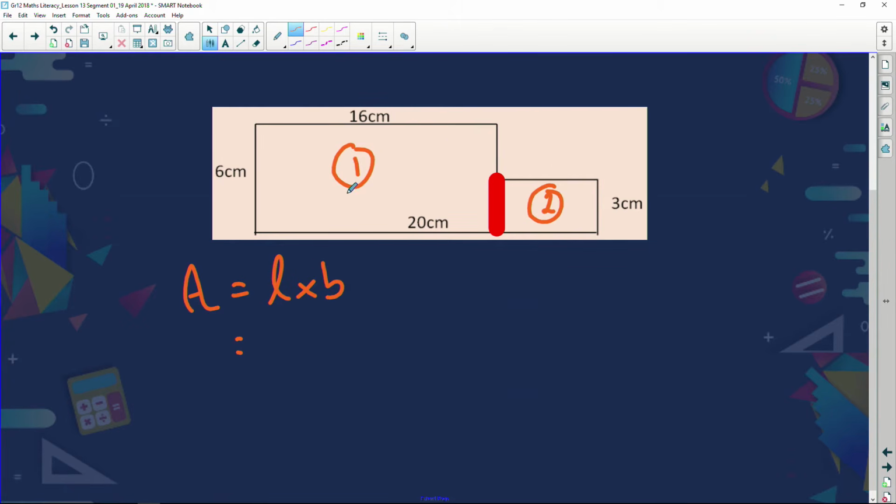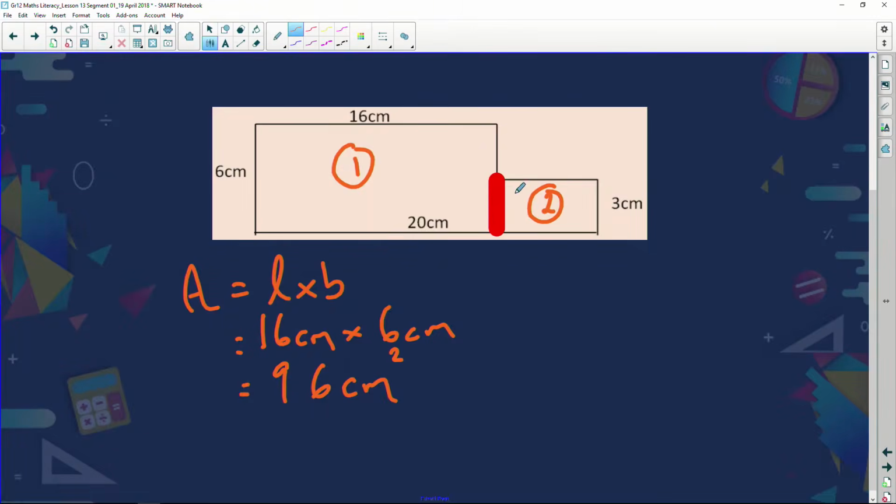What is the length? The length of this is 16 centimeters. My breadth is 6 centimeters. Now, I'm going to multiply and say 16 times 6. 6 sixes, we know 36. 6 ones are 6, 96. Not just centimeters, but centimeters squared. Why? We're dealing in area.